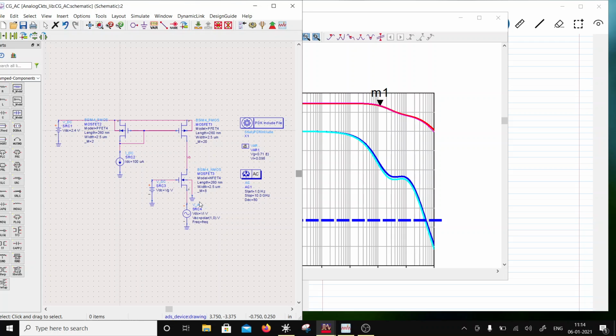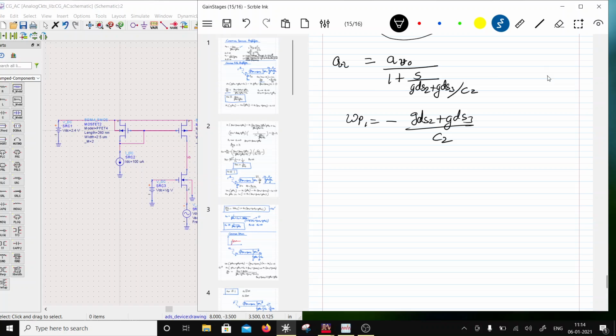So in that case, let's look at the mathematical treatment.